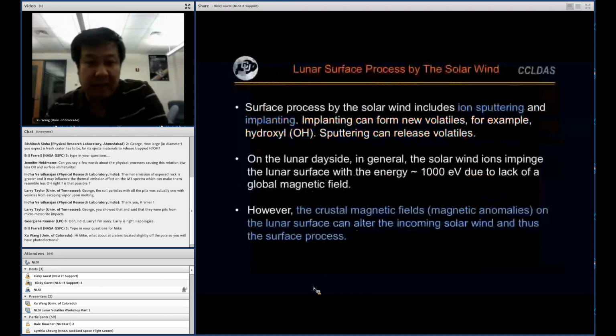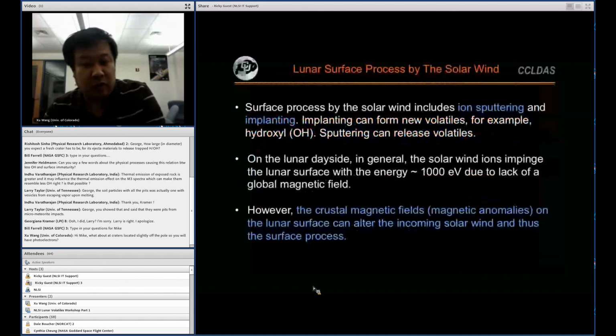So basically, the surface processes by the solar wind can include ion sputtering and implanting. Implanting can form new volatiles. For example, the hydrogen reacts with the oxygen on the lunar surface to create hydroxyl, and the sputtering can kick out these volatiles.